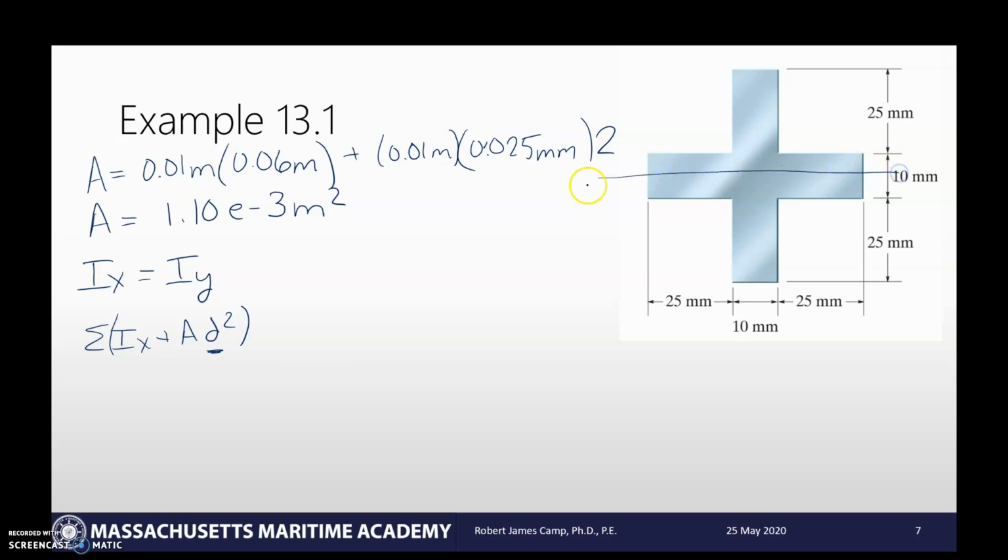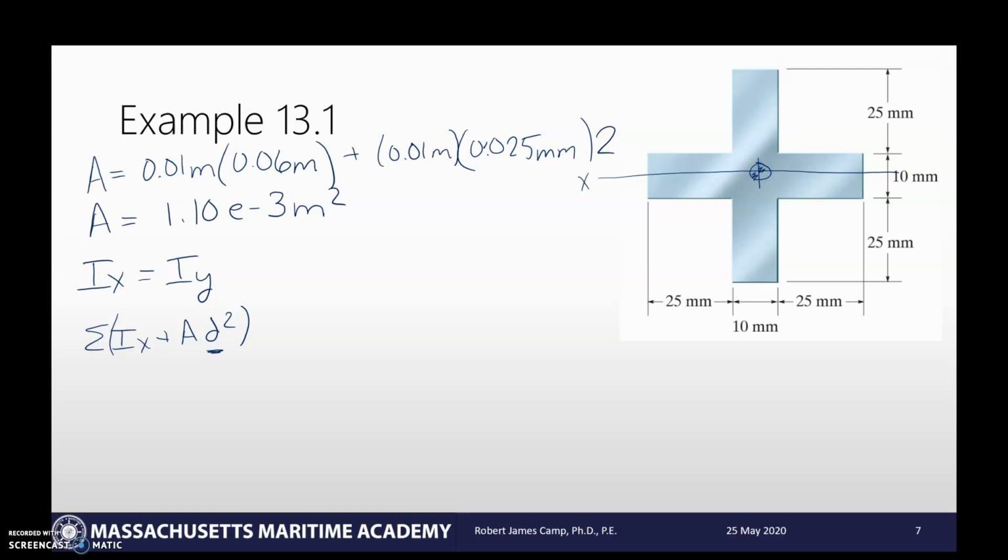If I'm looking for the moment of inertia about the x-axis, those d's are going to be the distance from the centroid of the composite shape to each little individual piece. In this case, since the composite is completely symmetrical about all those axes, its centroid is going to be right there along this x-axis.